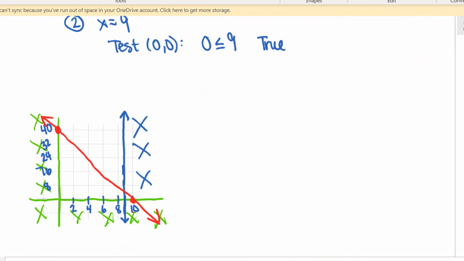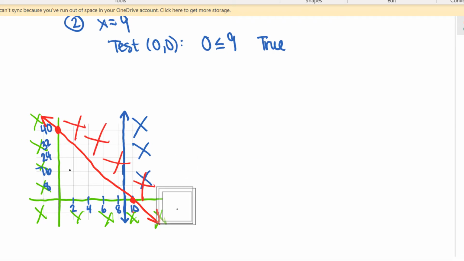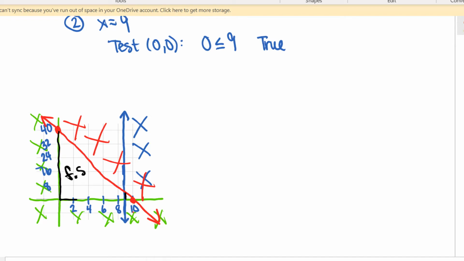And 0, 0 is down and to the left, so we cross out everything up and to the right. And so just this part right here is the feasible set or feasible region. They don't ask us to find corner points, but if they did, there would be 4 of them. You get this one, this one, this one, and this one.